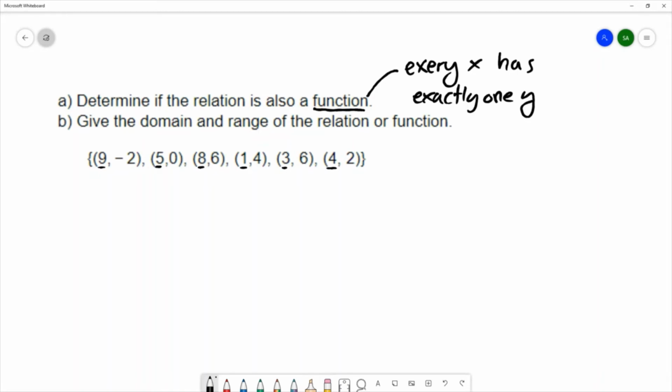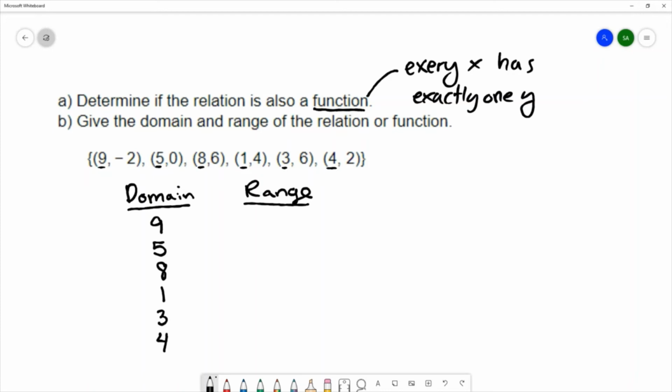We can also build a chart for the domain and range and show the relationship. So we can write down the elements in the domain to be 9, 5, 8, 1, 3, 4. If the element in the domain ever repeated, you would only write it once.